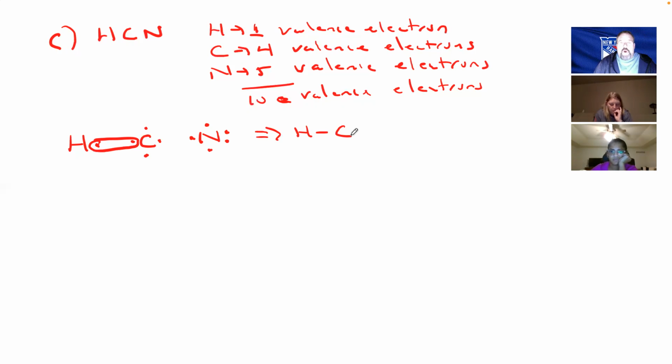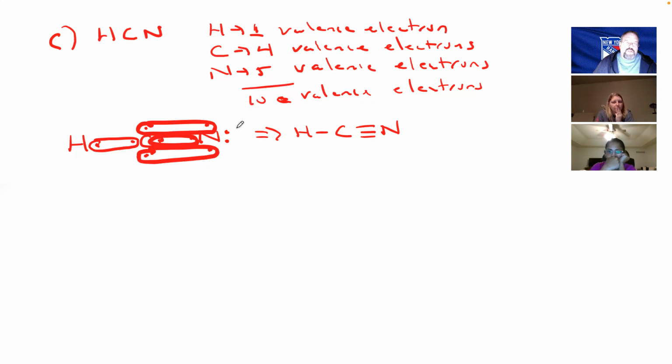Now, what about the carbon and the nitrogen? They both want to get to 8. Can they get to 8? The answer is actually yes. The way they can get to 8 is by sharing not 2 electrons between them, not 4 electrons between them, but actually 6 electrons between them. And when they share 6 electrons, you have a triple bond.